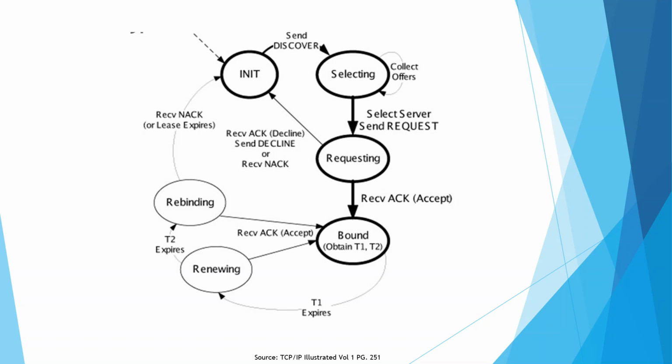Towards the bottom, when you're in the bound state, you hit T1 and get to a renewing state. If you make the request in renewing and receive an ACK, you go right back into the bound state.